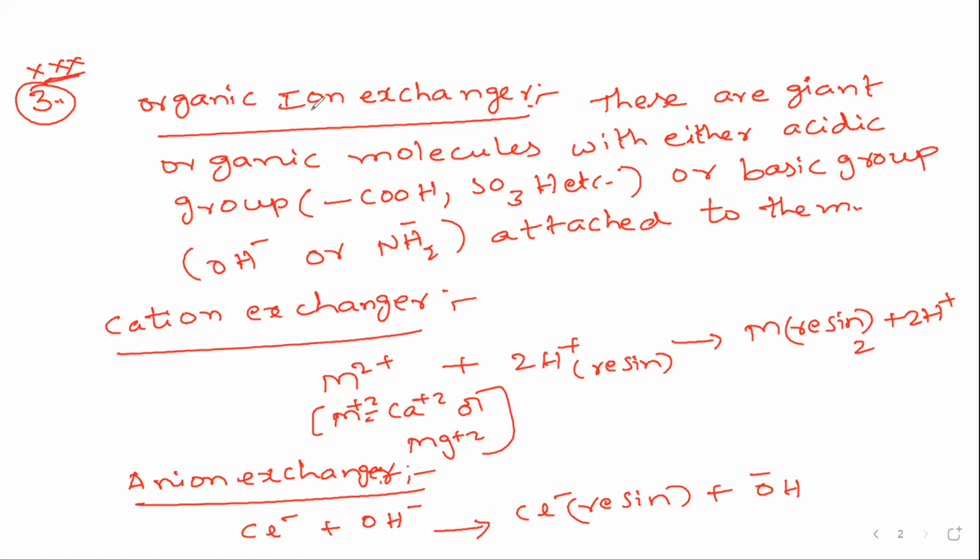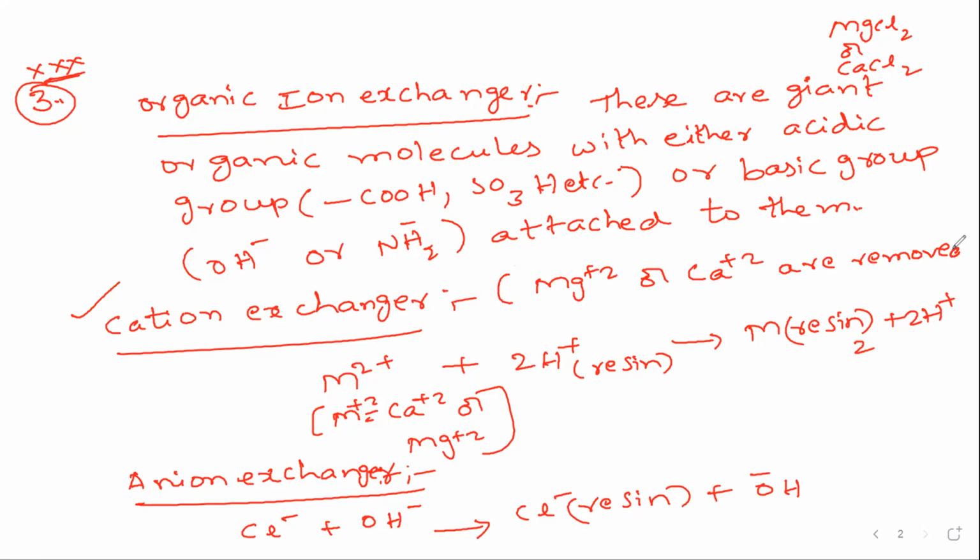Very, very important. You can see why this method is more preferable than all the other methods. Usually, due to the presence of magnesium chloride, calcium chloride, magnesium sulfate or calcium sulfate, water gets hard. So first, magnesium or calcium is removed by using the cation exchanger, by forming a complex.